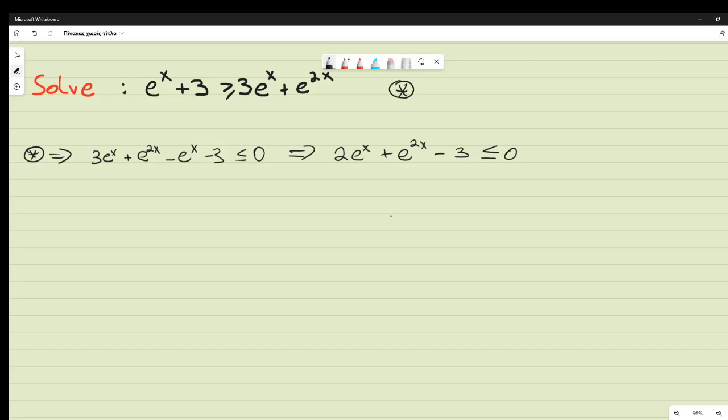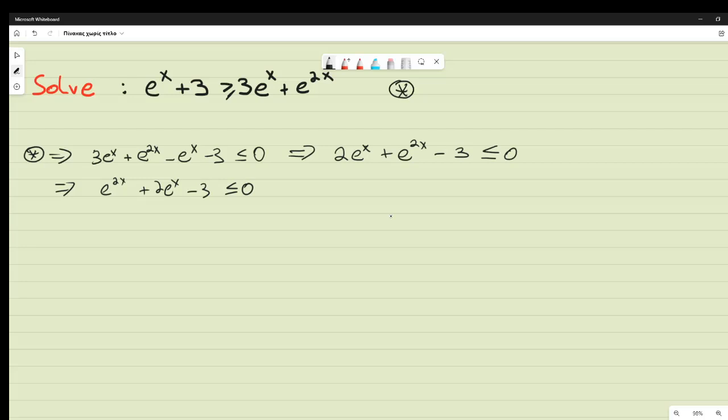An interesting thing that we can observe is that we can write the inequality like this with this term first, and we will have this over here minus 3.